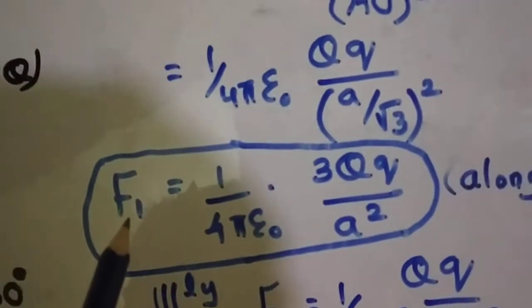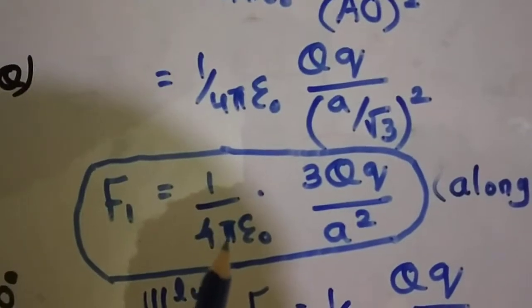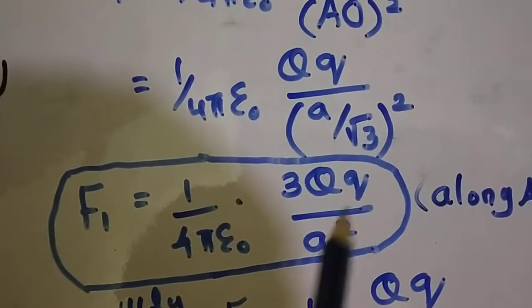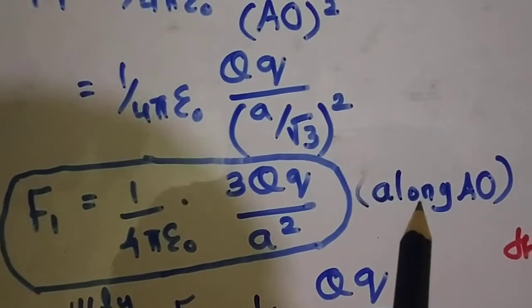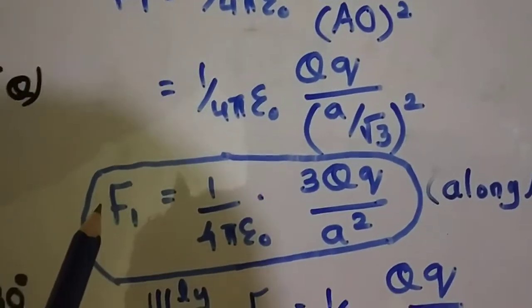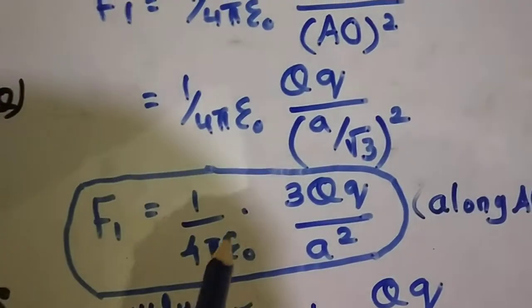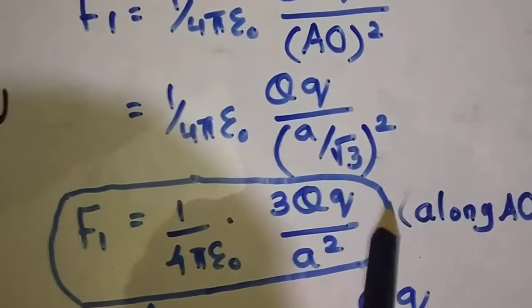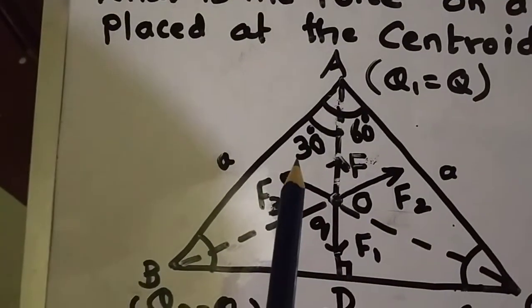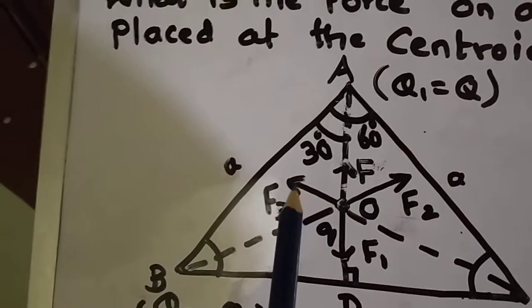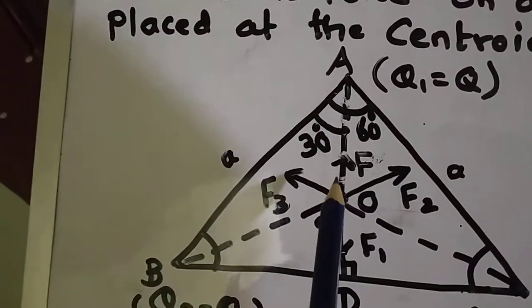So we get F1 is equal to 1 by 4 pi epsilon naught 3 into QQ by A squared, which is acting along AO. In vector form, F1 vector can be written as 1 by 4 pi epsilon naught 3 into QQ by A squared into r cap, where r cap, in this diagram it is not shown, is a unit vector acting along OA.